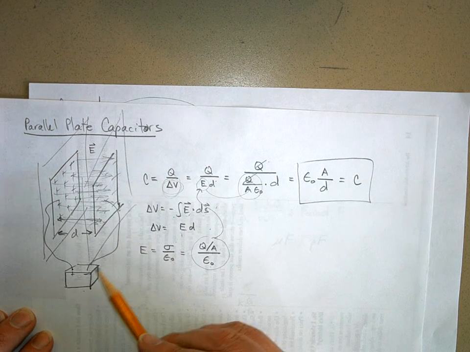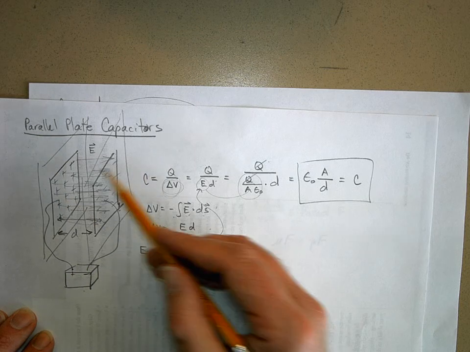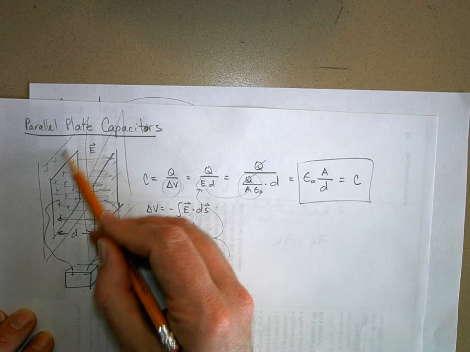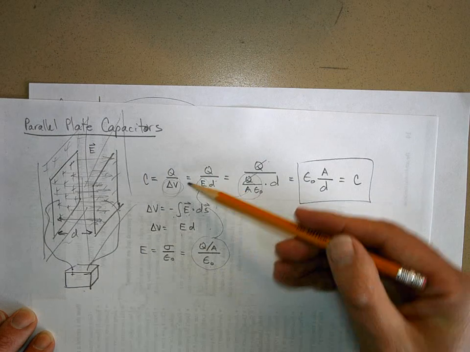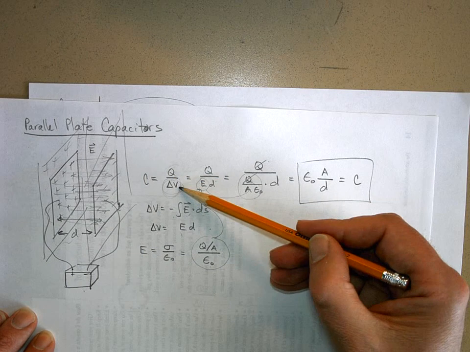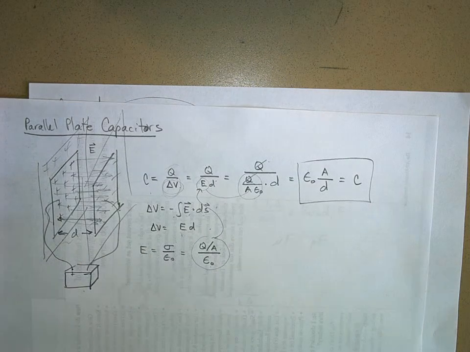Well, it just leaves more room for more charge, doesn't it? If I make the plates bigger, I'm going to get more charge for the same voltage. That means I've got a greater capacitance. I have more capacity to store charge for the same voltage drop.